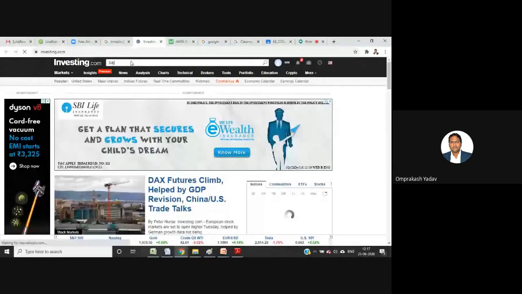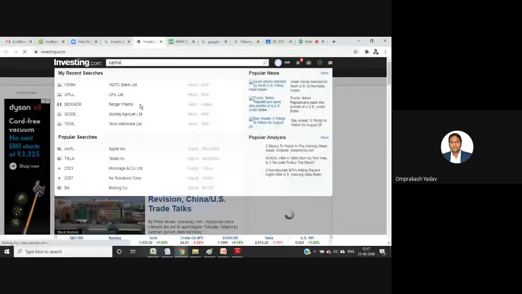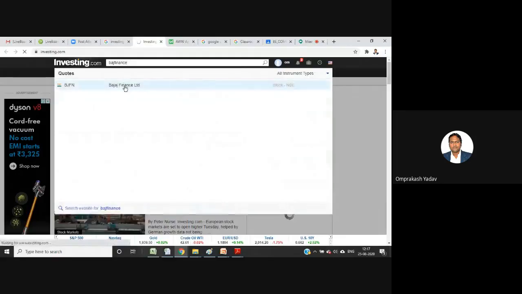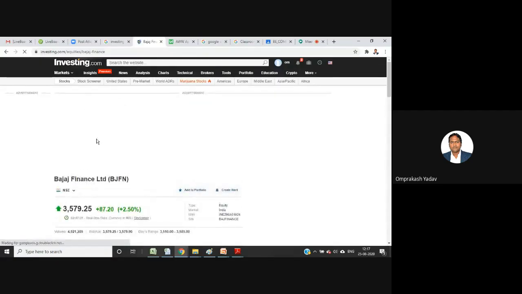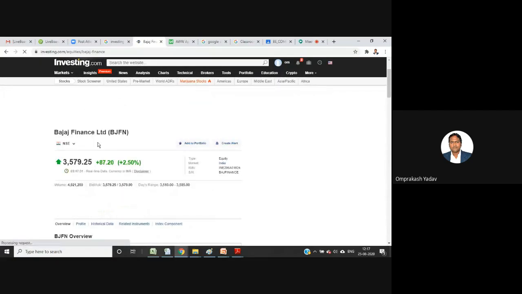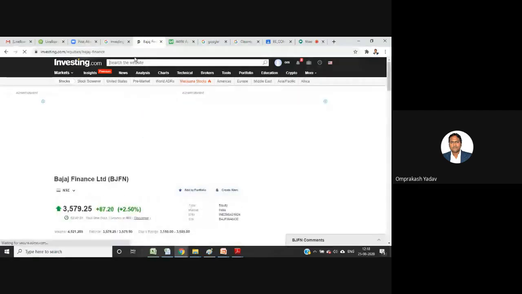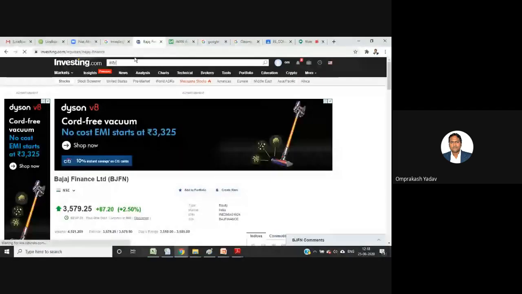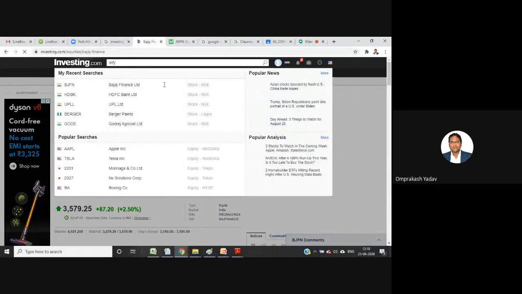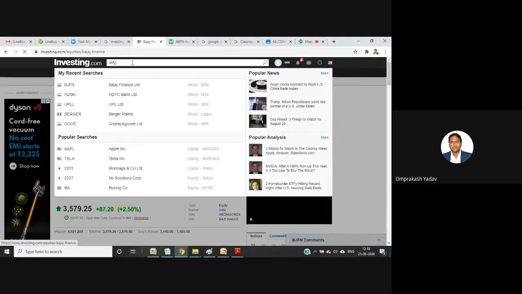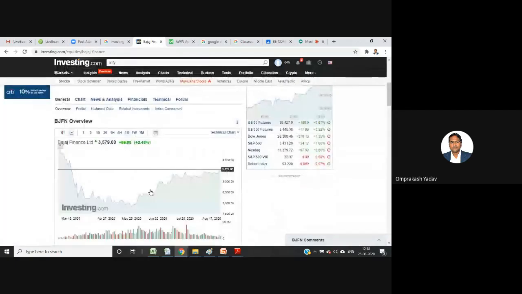There are many companies, so I'll just check. Let's check Bajaj Finance. I don't know whether all of you know this, or let's take the Infy chart. It's taking time anyway. So Bajaj is there.